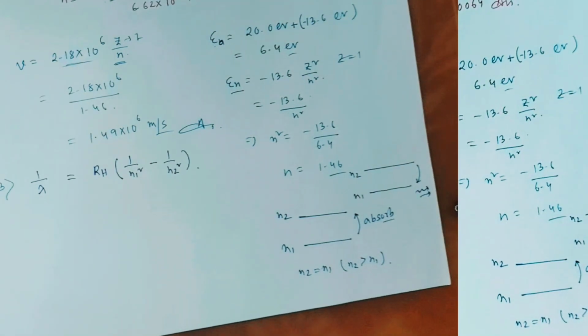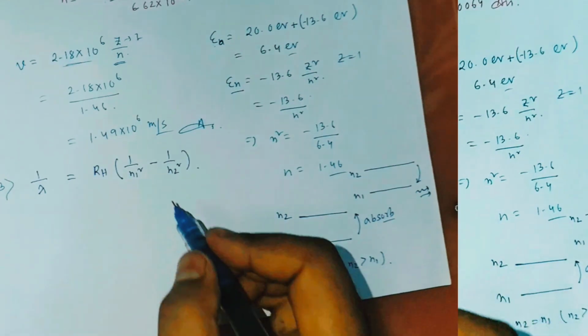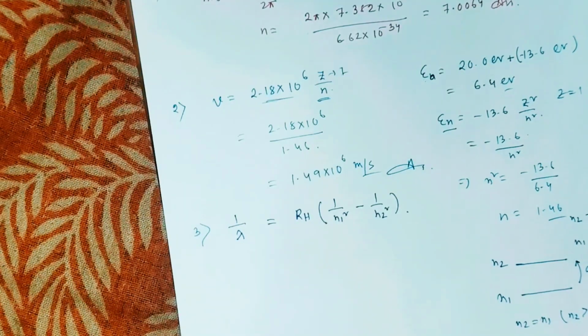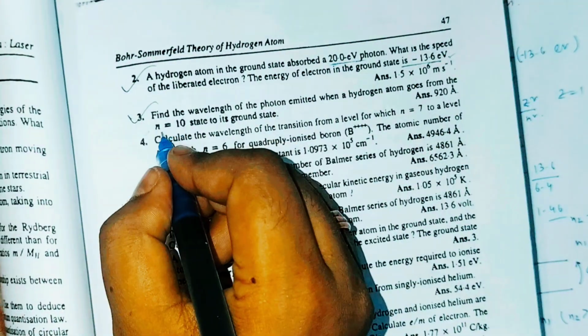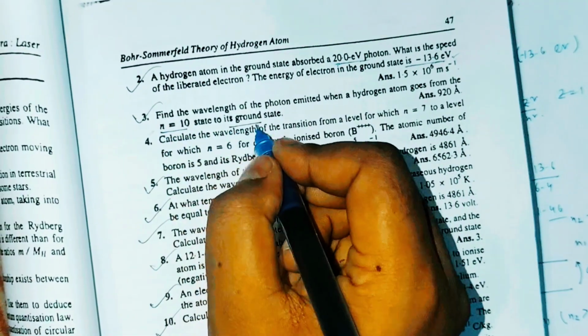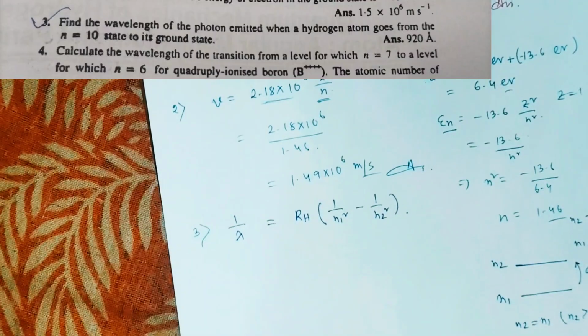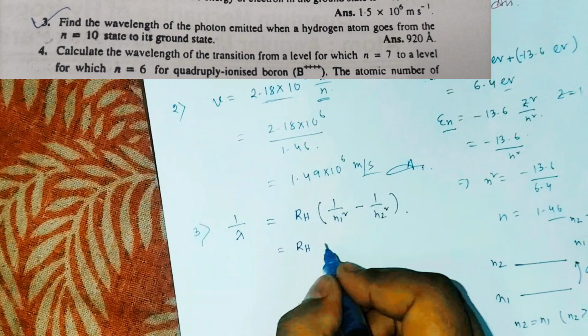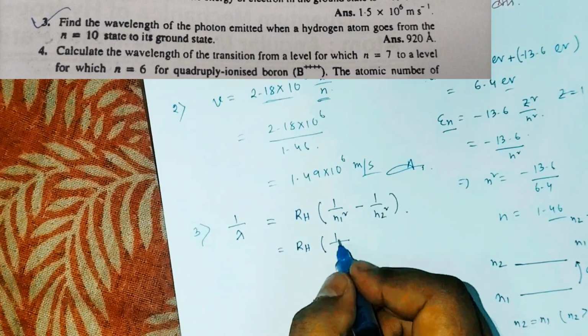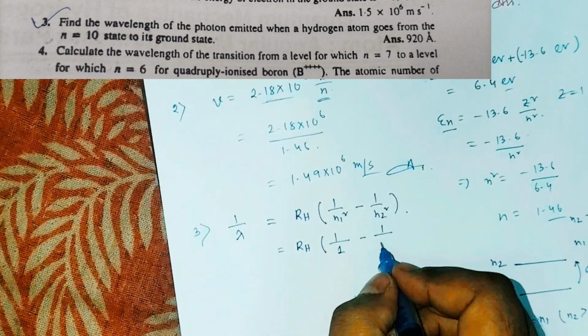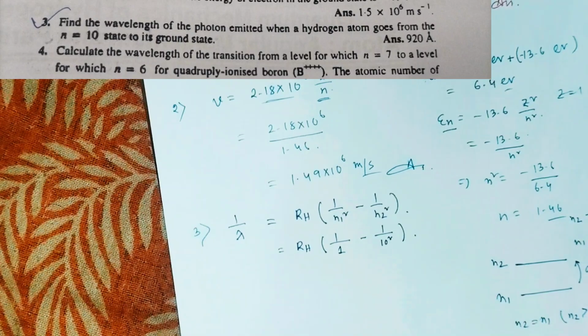I think you know this, and from there I got this formula, with just some mathematical calculations. Here the atom goes from the n equal to 10 state to its ground state. Ground state means n equal to 1, so always keep it in your mind. So R into 1 by 1, because n equal to 1, minus 1 by 10 square. Okay, so you will get this.